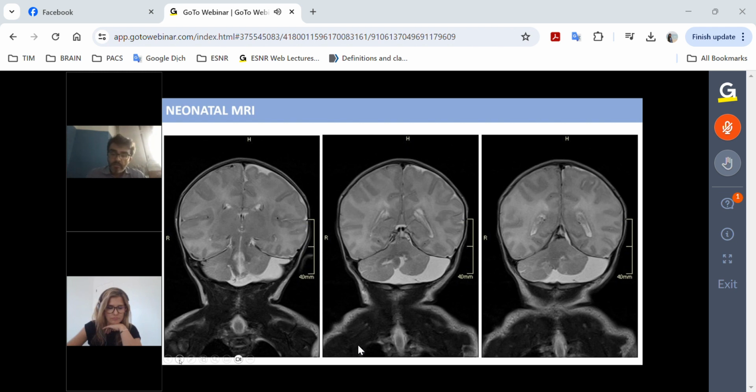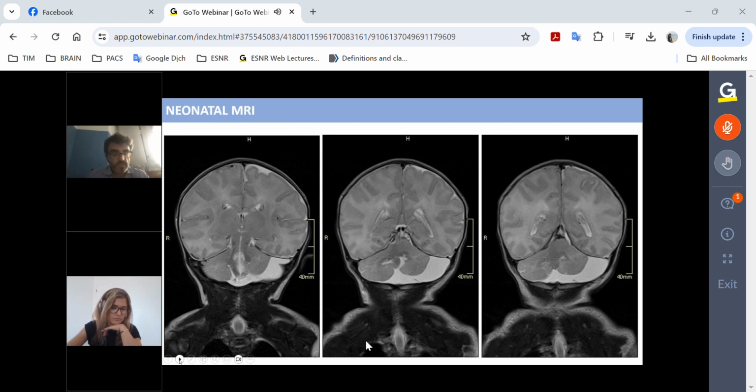But again, here the pictures are more similar to the second MRI, where you see the dislocation of the parenchyma of the cerebellum from the left to the right side, with the vermis just in a paramedian section, lateral to the midline, the mid-sagittal line.